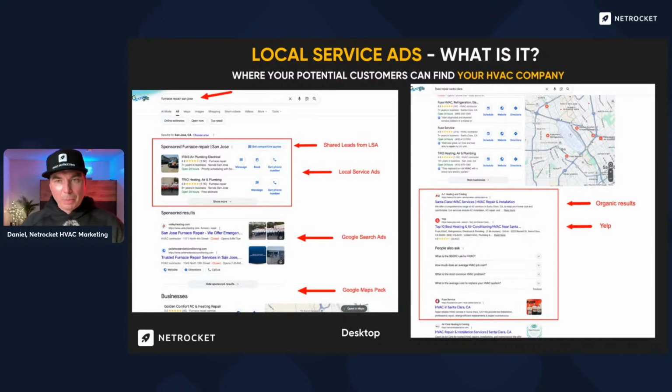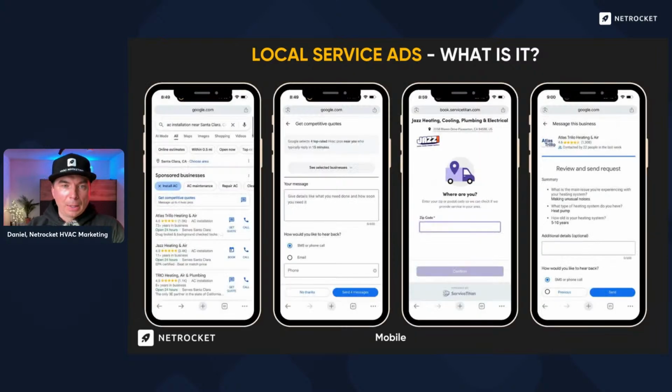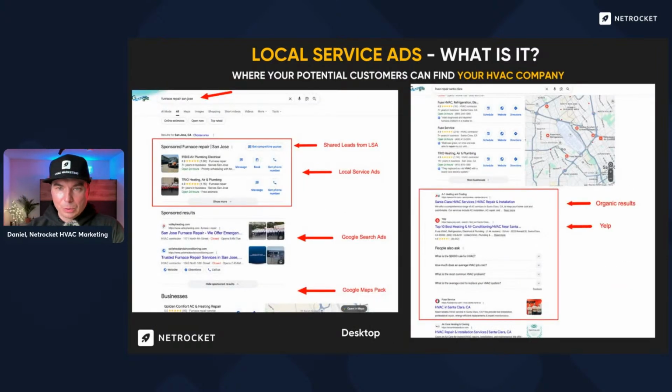On mobile, it may be structured a little bit differently. Google changes all the time and may play with the placements, but overall it's more or less this way. This is what homeowners will see, how they may see your company, and this is where your company will appear with the local service ads when they search on desktop.